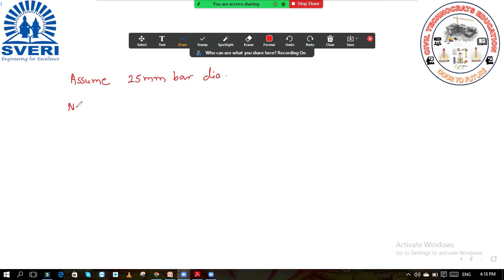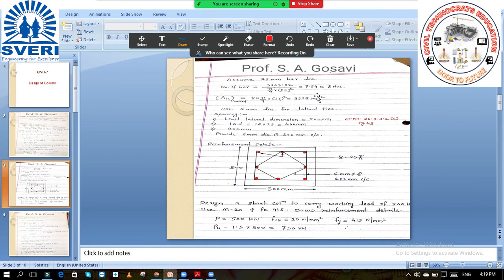The number of bars is equal to 3703.02 divided by 5 by 4 into 25 square. What is the answer? It is 7.54, which is nearly equal to 8 numbers. Others please do check the calculation.